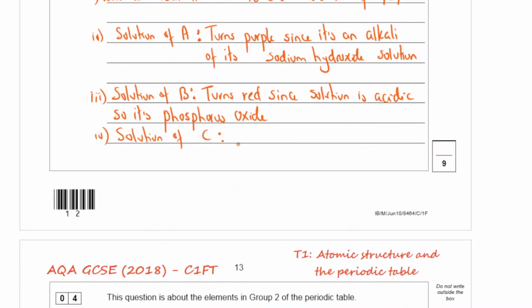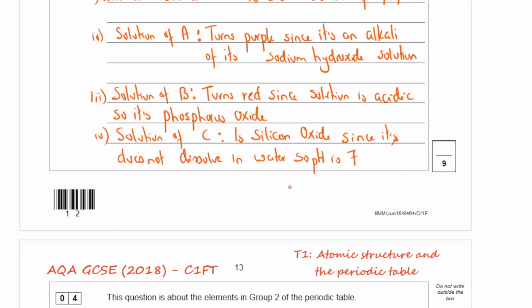So C is silicon oxide since it does not dissolve in water, so the pH is 7. That brings us to the end of question number 3.